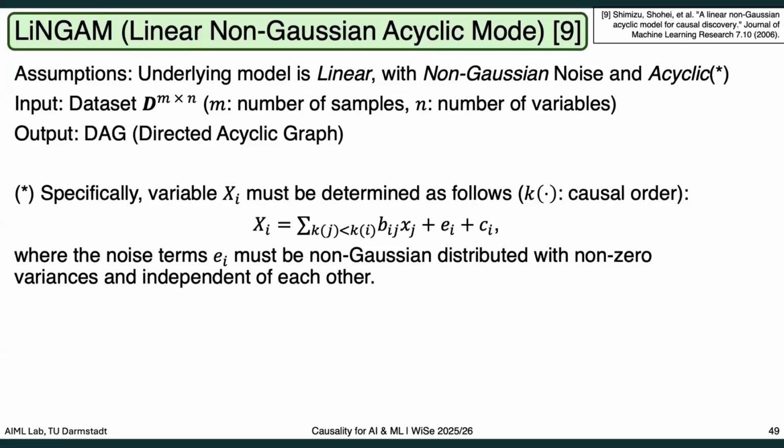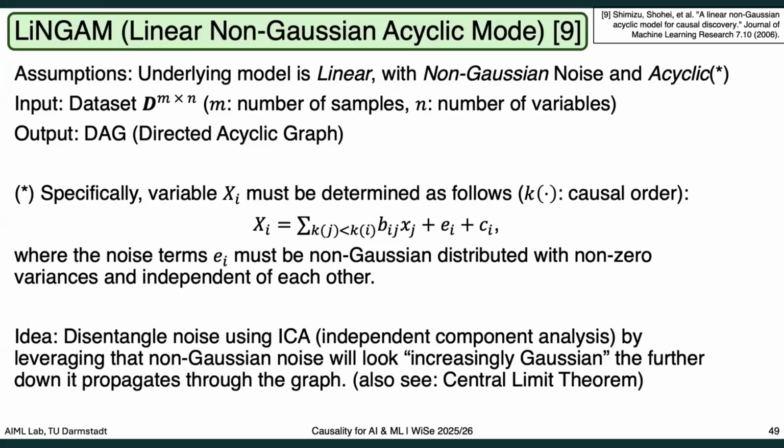And then we have a constant offset as well as noise. The noise must be non-Gaussian distributed with non-zero variance, because if we don't have any variance, we can't do the trick. And the noise terms must be independent of each other, which mostly resembles the causal sufficiency assumption. Because if they were dependent on each other, we might again have unobserved confounding.